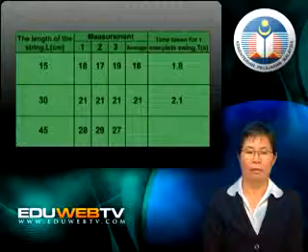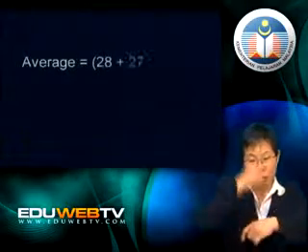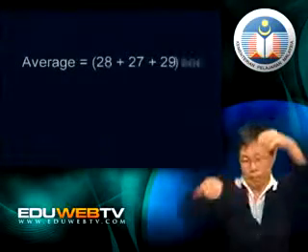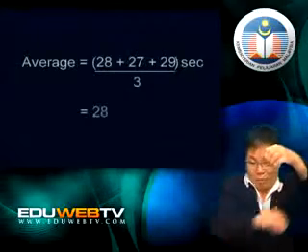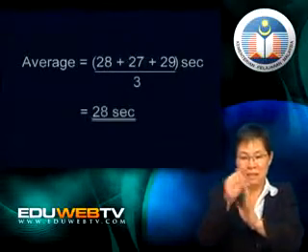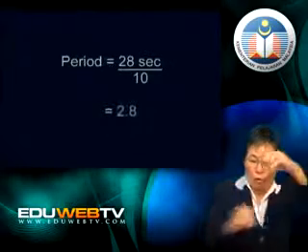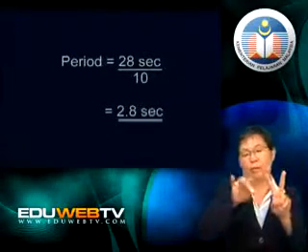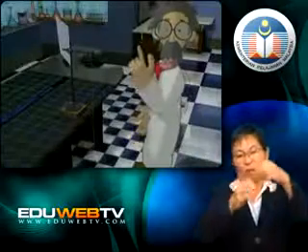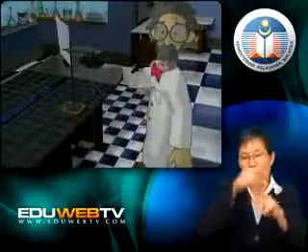The average time taken for the 45-centimeter pendulum to complete 10 oscillations is 28 seconds. This means that the period of an oscillation for this pendulum is 2.8 seconds. That's interesting, isn't it? What do you think will happen if we use, say, a 10-centimeter pendulum, or perhaps a 100-centimeter pendulum?